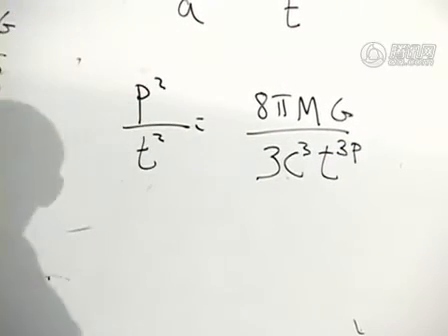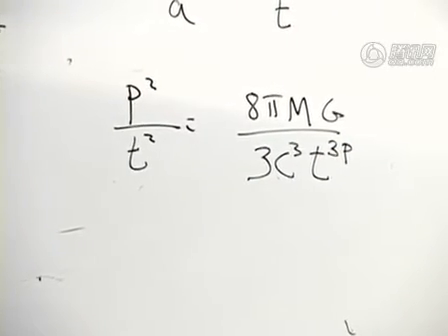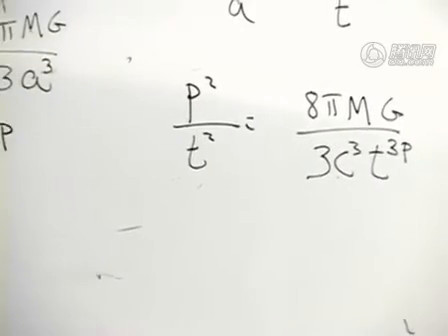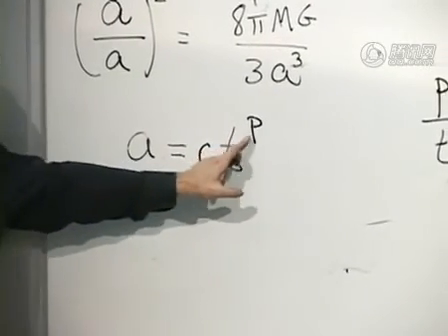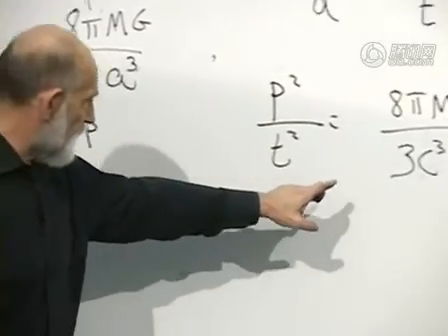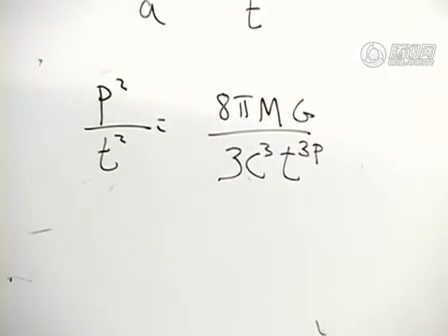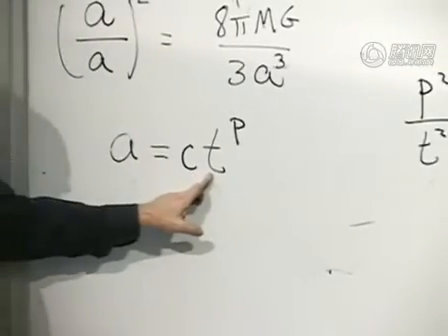All right, I've just cubed A. A is C T to the P, so A cubed is C cubed T to the 3P.